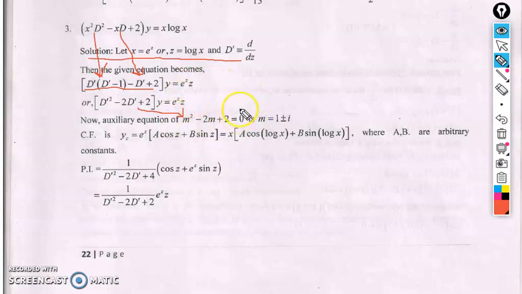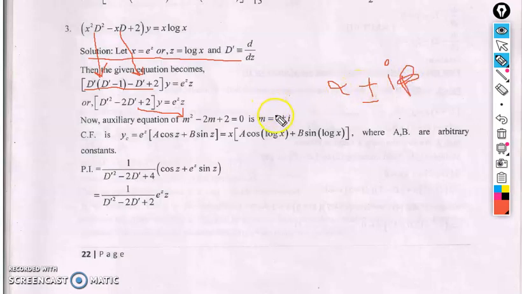When we solve this quadratic equation using Shridharacharya's formula, the value of m is 1 plus or minus i. So it is of the form alpha plus or minus i beta.